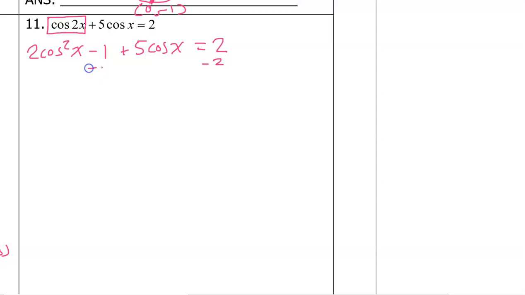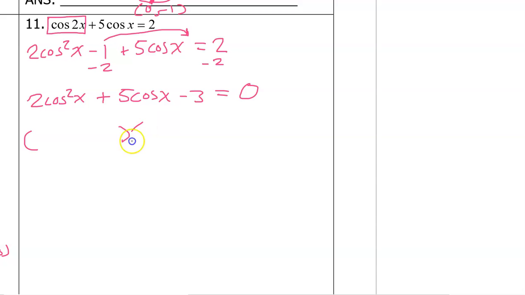We're going to get 0 on one side. So obviously this will make -3, but I'm going to put that at the end because we want this in standard form. So I'm going to take my 2 cosine squared, keep that in the front, and then I will write my plus 5 cosine x, and then the -3 goes on the end.